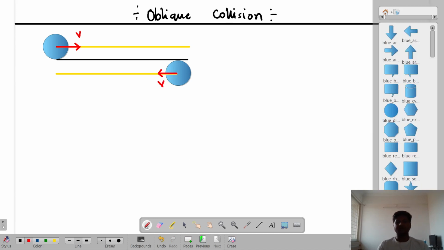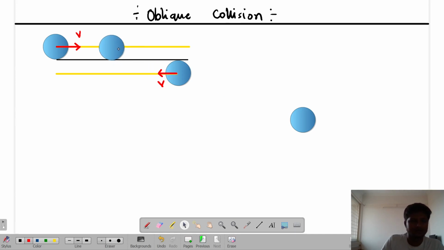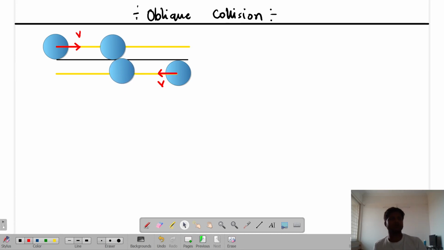Now when they collide, what will happen? Let's suppose they collided over here. They will collide in this fashion, isn't it? Their normal actually acts along which line?